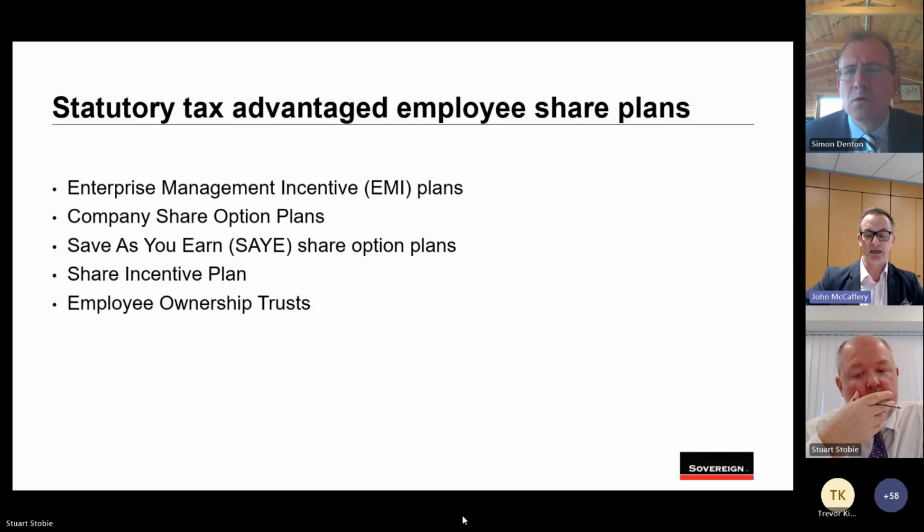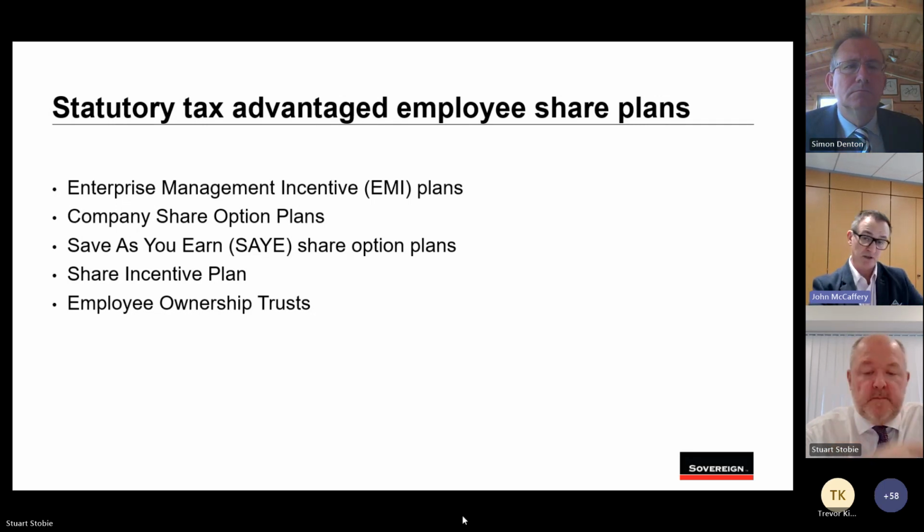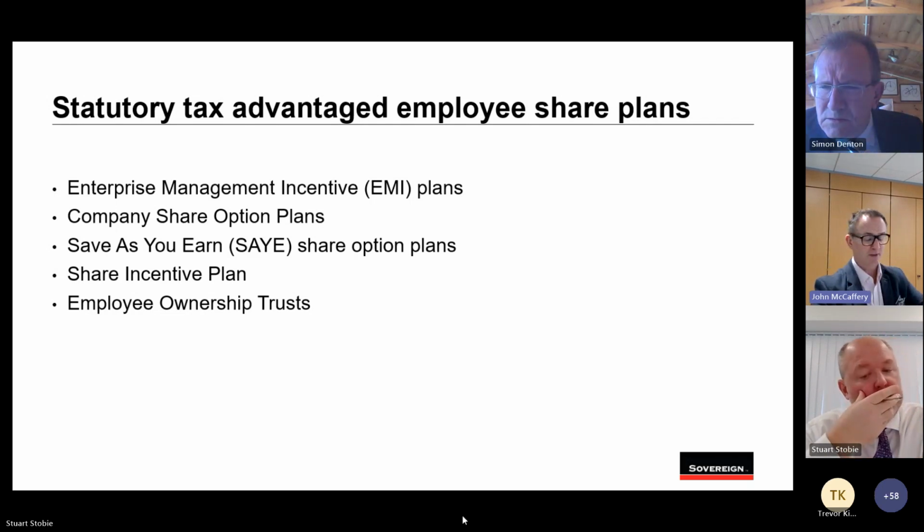Otherwise, all of the key tax benefits are lost. The other thing with an EMI is it's definitely for key employees. So that individual has to work for the business. Generally, it has to be a trading business, can't be an investment. Certain trades like financial services are usually excluded from these kinds of arrangements.